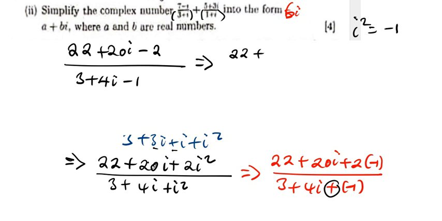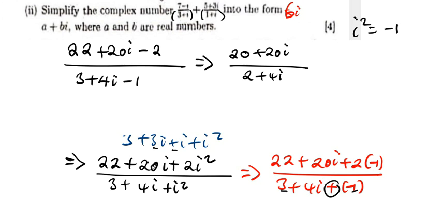So 22 minus 2 is 20, giving 20 plus 20i, divided by 3 minus 1, which is 2, so 2 plus 4i.